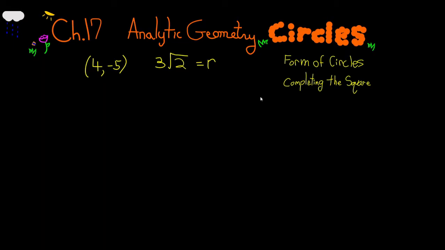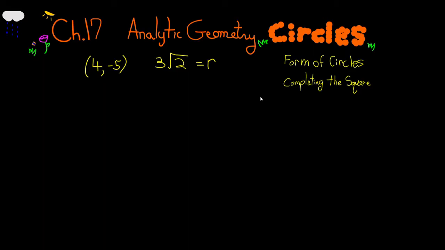So think of that distance between the center and each of those points. We know what the center point is, but each of those points can be different as long as they're the same distance from the center point.